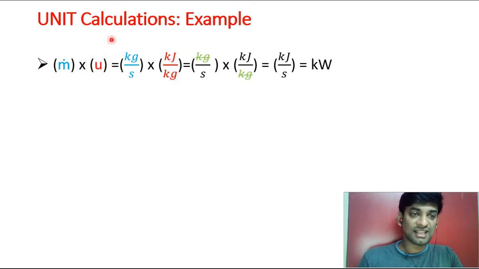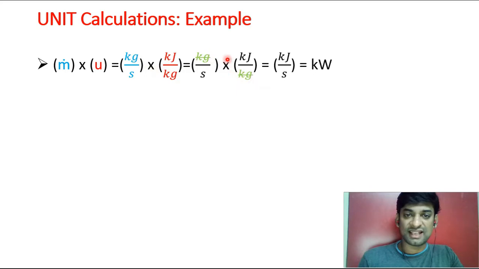If it is an internal energy, I would have mentioned this as uppercase U and the unit will be kilojoule. Since it is a specific internal energy, I have used lowercase u and the unit is also mentioned as kilojoule per kilogram. I have written this combination here with a small change. This kilogram and kilogram is mentioned in the similar color for your understanding purpose.